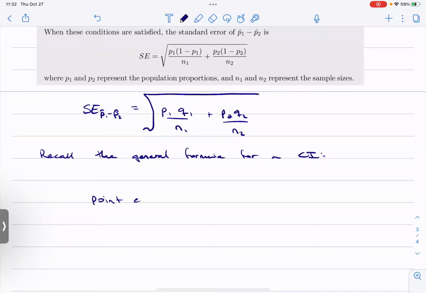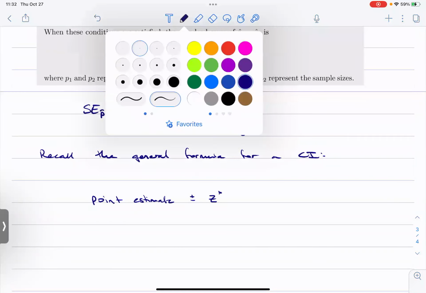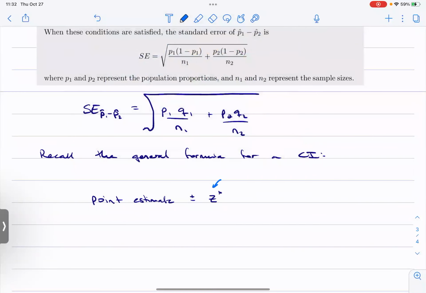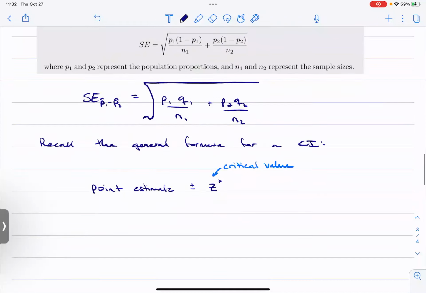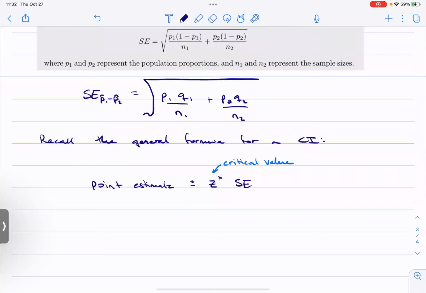In general, it's going to be a point estimate plus minus. I'm still going to use Z star, but eventually I'm just going to swap this out for a generic critical value. Hard to say. Critical value. It won't always be Z star, but for now it is. And then times the standard error of the point estimate.